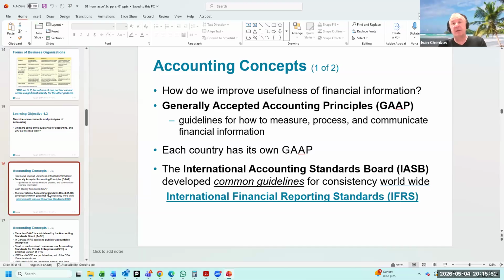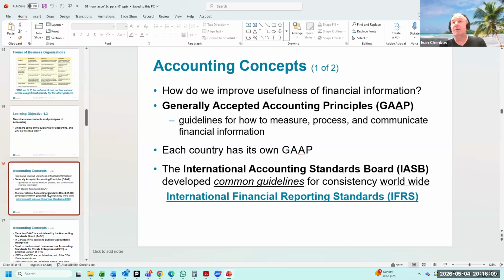Based on what the company is and where the company is reporting, we have International Financial Reporting Standards, which are used by a company which is publicly listed on any world stock exchange.